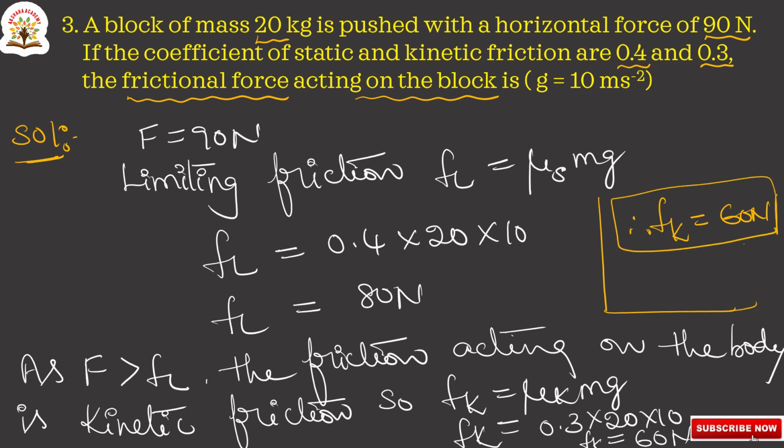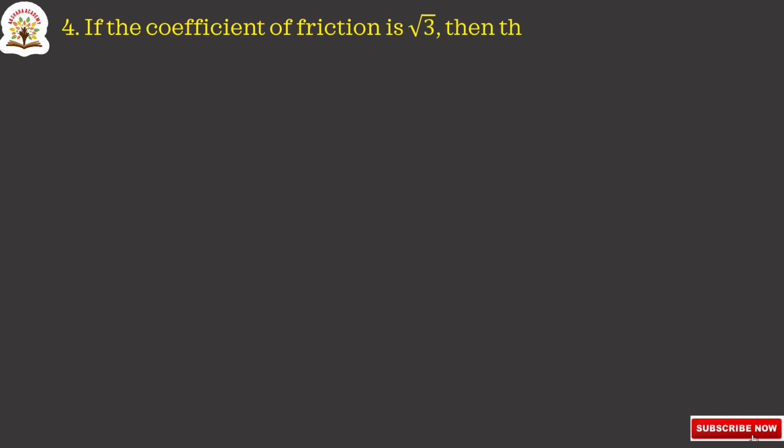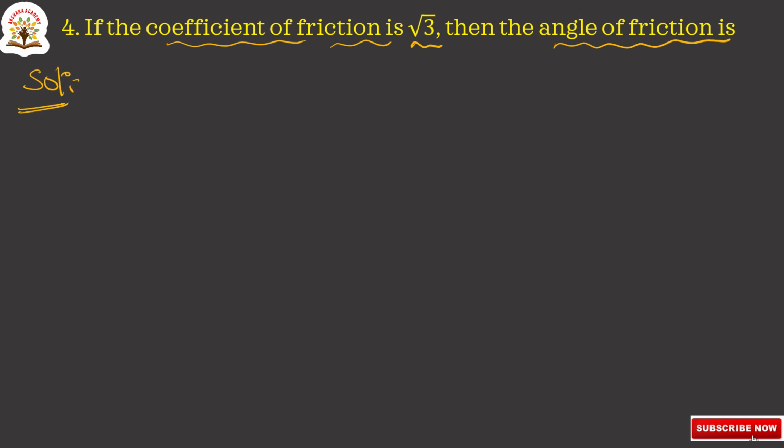Okay, next we'll go to the next question. If the coefficient of friction is √3, then the angle of friction is? Here we have to calculate the angle of friction. The given coefficient of friction is √3. Now let us go to the solution. Here tan phi is equal to mu s. They have given mu s is equal to √3.